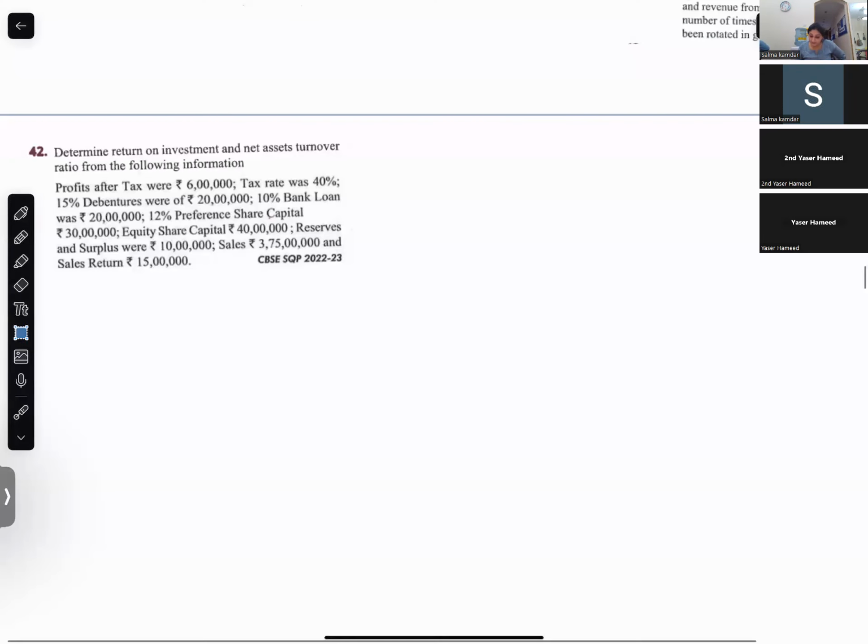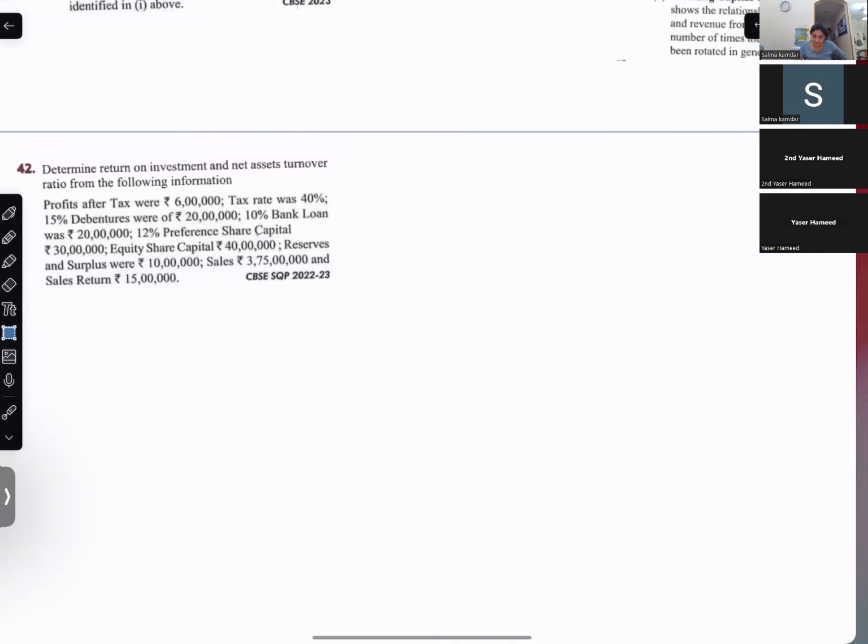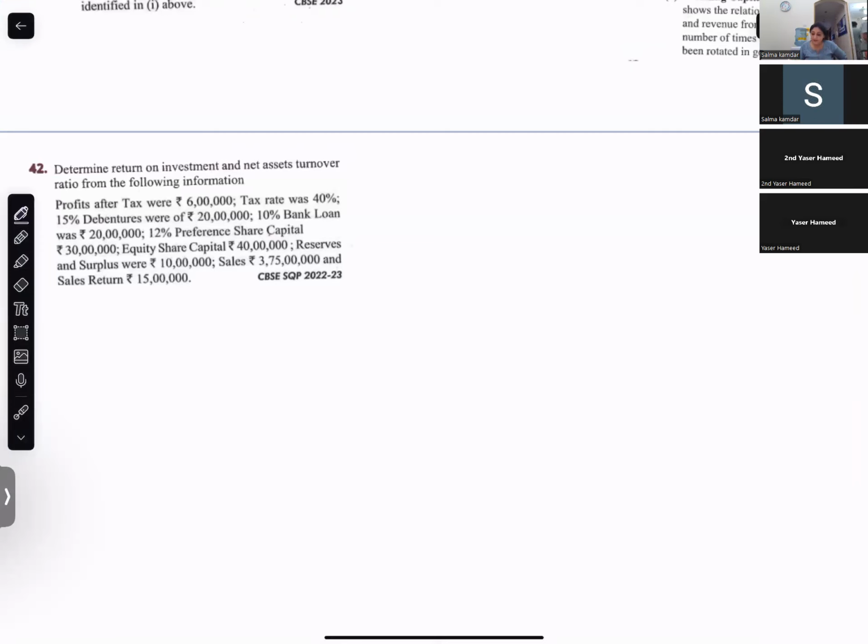So we found out, what did we find out? Return on investment. Are you all with me? Yes. Now the next thing is that you have to find out the net asset turnover ratio. How do you find out the net asset turnover ratio?